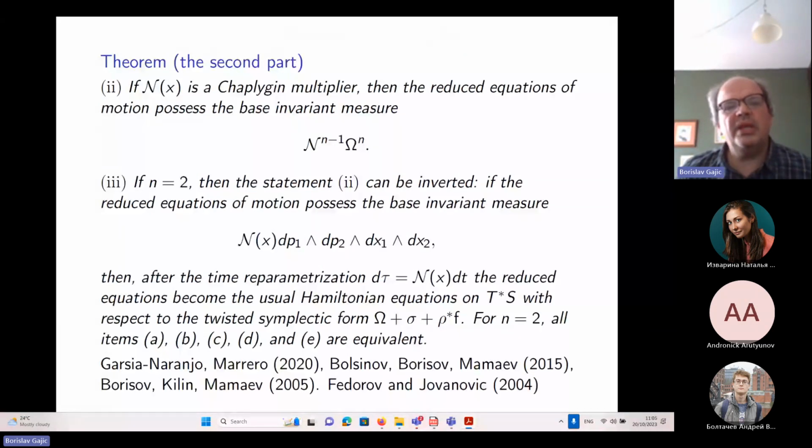The invariant measure is given by n to the power n minus 1 times omega n, where omega n is the standard measure on S. In the special case n equal to 2, after the time change the equation becomes the usual Hamiltonian equation on the cotangent bundle of S.